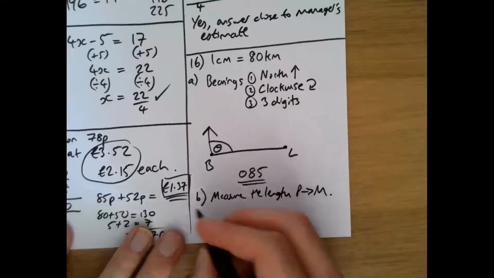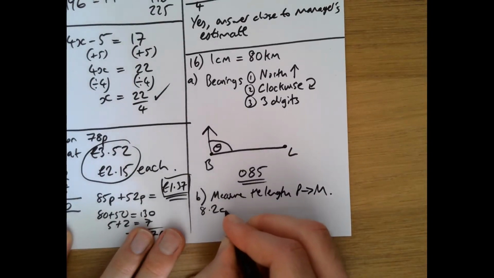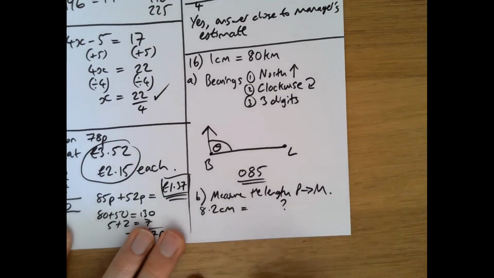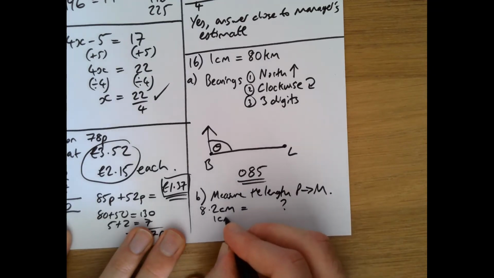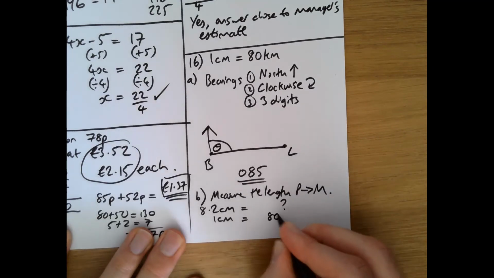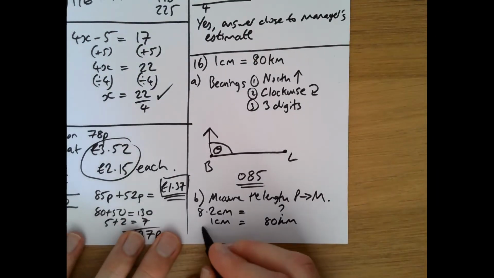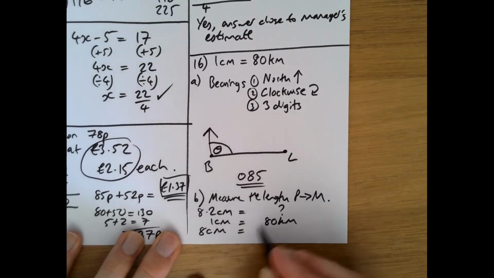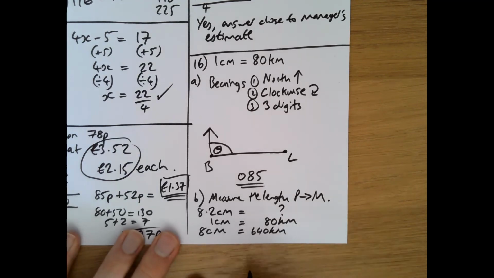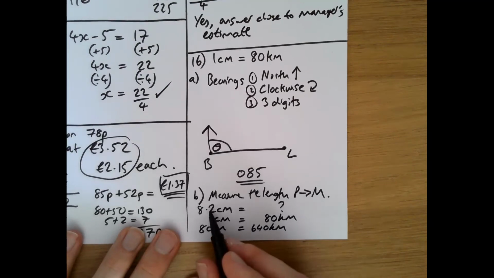So if you measure that and you get 8.2 centimetres, how are we going to work that out? Well, 1 centimetre represents 80 kilometres. So we can just times them both by 8 to get what 8 centimetres is. So 8 times 8 is 64. So that's going to be 640. But what's 0.2 of a centimetre?